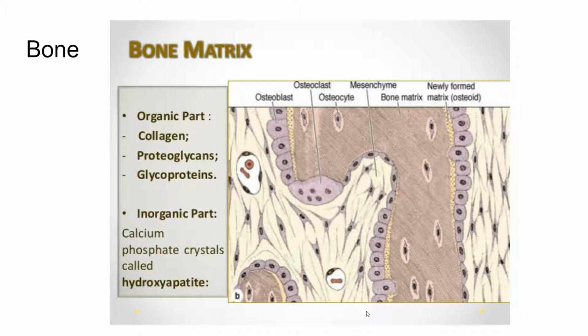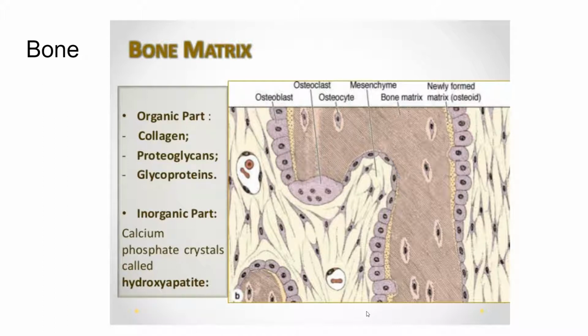Collagen fibers are really tough connective tissue fibers, and woven in throughout those collagen fibers are calcium mineral salts that are hard, and they represent this really hard structure. And so that gives bone its characteristics.